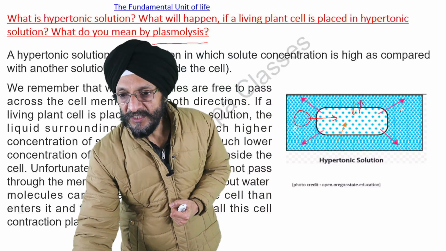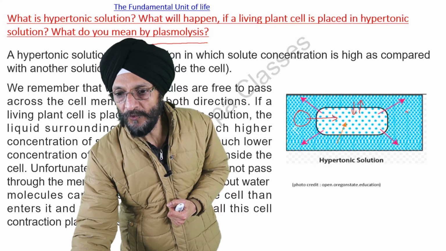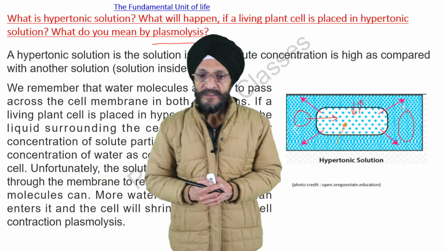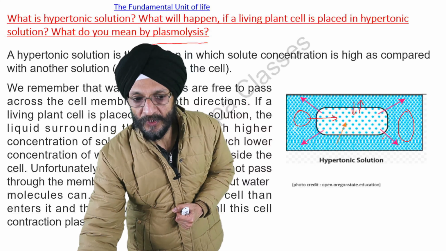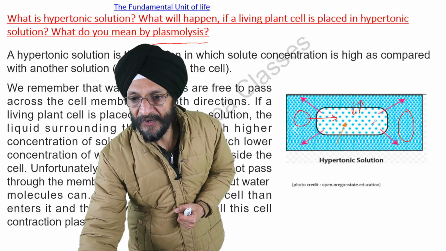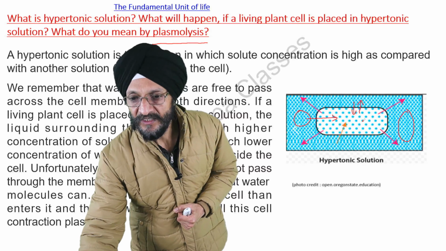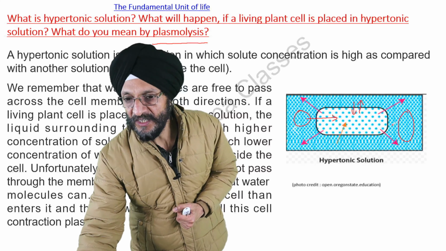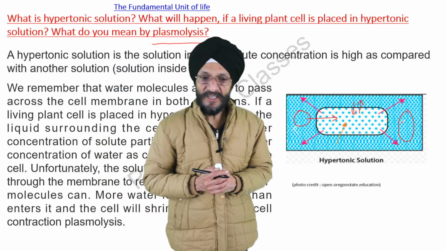The liquid surrounding the cell has much higher concentration of solutes and the concentration of water is much lower compared to inside the cell. You can yourself see that solutes are less inside the cell, water is more, whereas outside the cell solutes are more, water concentration is less.